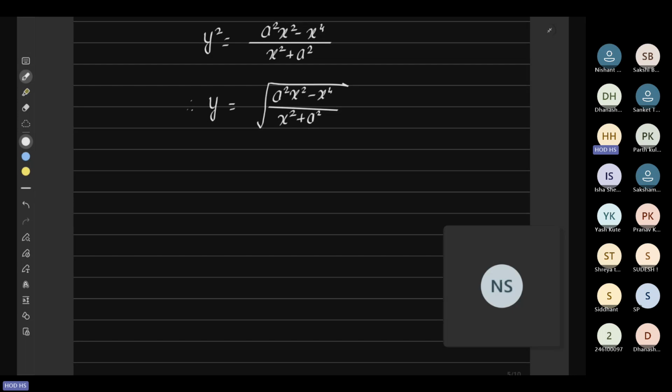So since we are taking the square root, we will discard the region in which this square root is negative.